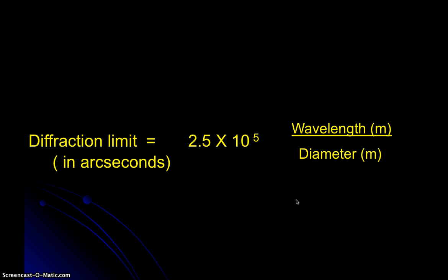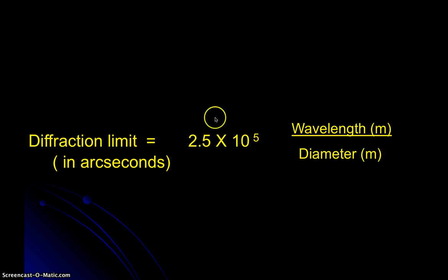The long wavelengths are going to make the resolution larger, while the large opening helps to offset that, because the large opening will help our resolution. The diffraction limit is the best possible resolution you can hope for, which is found by an equation that's 2.5 times 10 to the fifth times wavelength over the diameter, and that would be measured in arc seconds, which remember is a fraction of a degree.